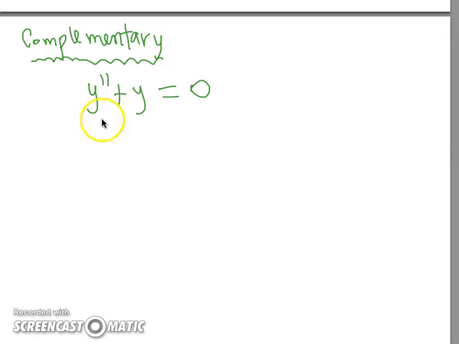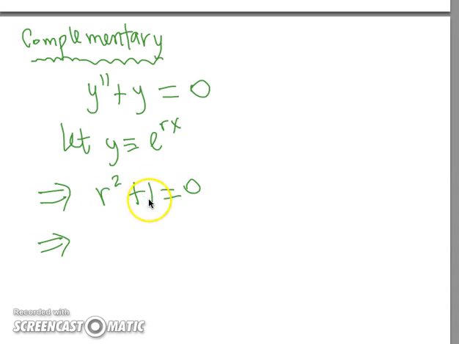So first let's find the so-called complementary solution. We consider the homogeneous problem, and we assume that the solution is of the form e to the rx, which has characteristic equation r squared plus 1 equals 0, and this implies that r is plus or minus i.